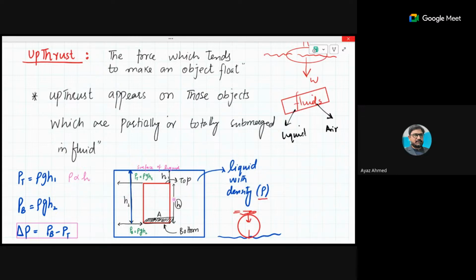The pressure at the top of this object is rho g h1, and the pressure at the bottom is rho g h2. So if I take the difference of the pressures, what do I get?